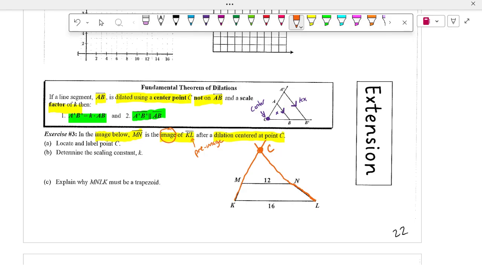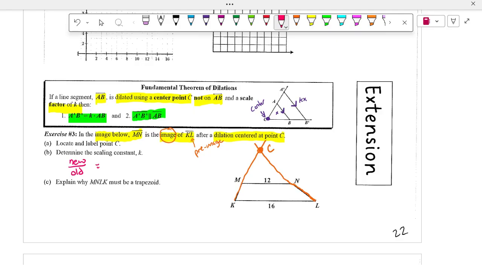Now, how would I find the scale factor? How do you find scale factor if you know what the two sides are? Divide the sides, but which one comes first? It's new divided by old, or image divided by pre-image.